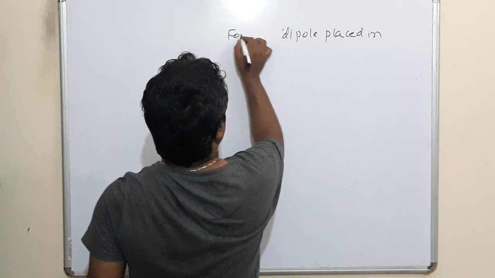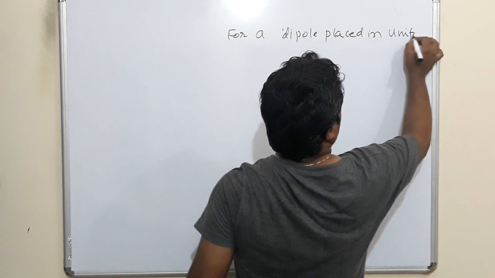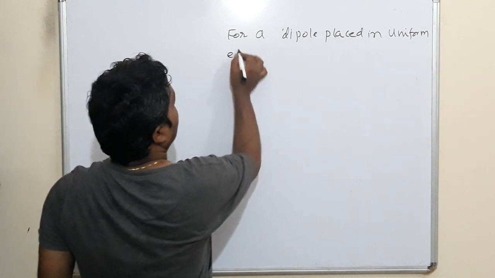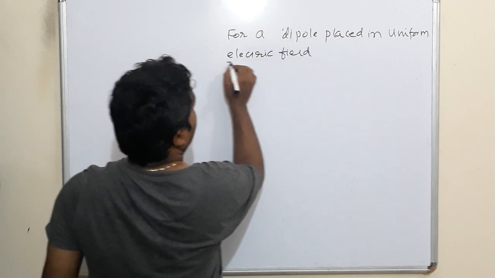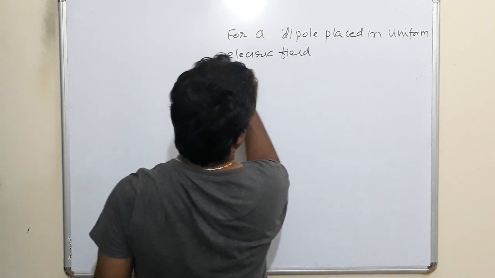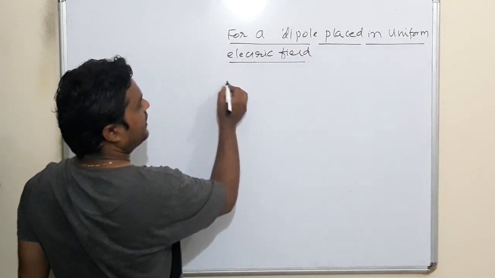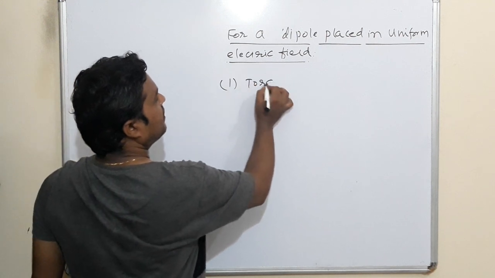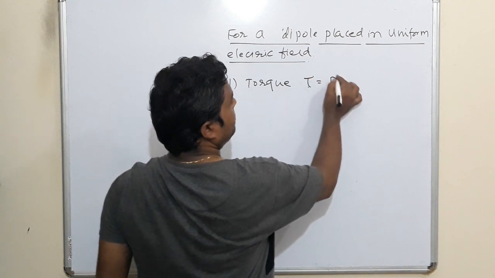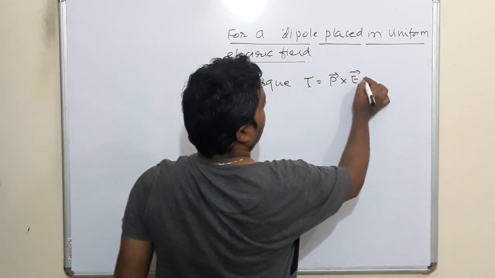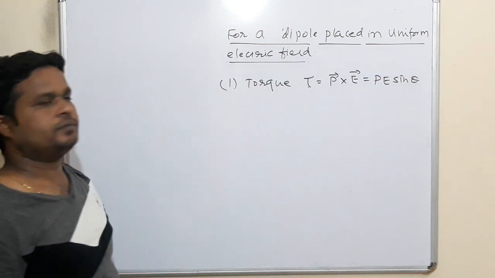For a dipole placed in a uniform electric field, torque tau is given by P cross E, or P E sin theta.